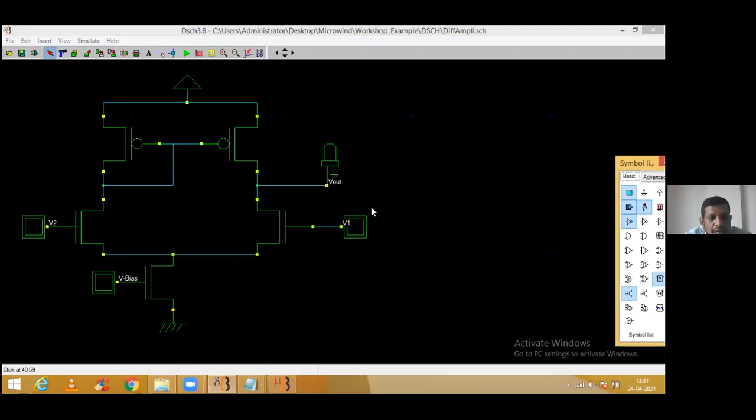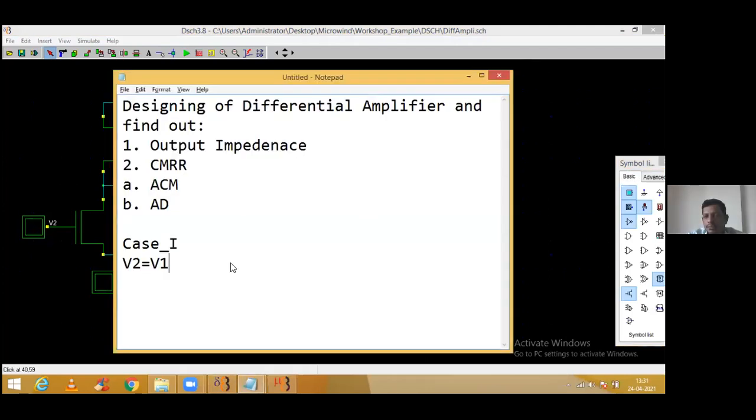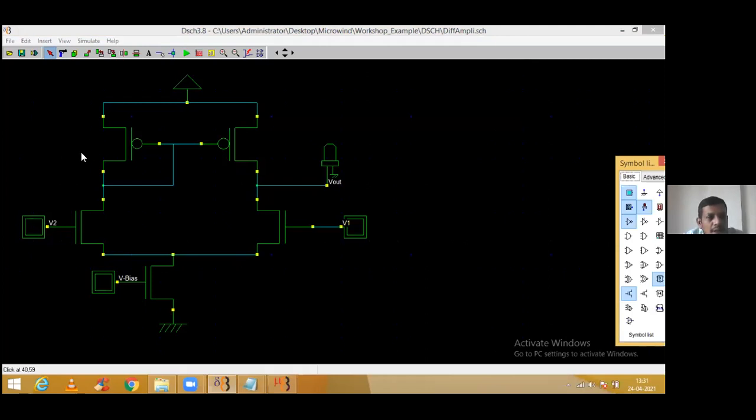How is it going to work? When both are at the same instant, whatever current is flowing through this branch, exactly the same current will flow through this branch. Let's say I1 is flowing through this, the same I1 is flowing through this, and because of that, we are getting a constant output over here. So K times (V2 minus V1). Ideally, what should be my output? It should be 0 when V1 and V2 are at the same instant. Are you getting my point? That is case number one.